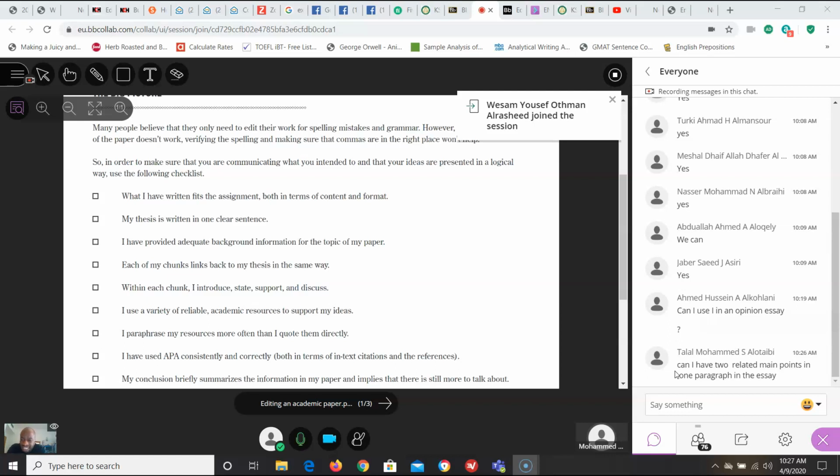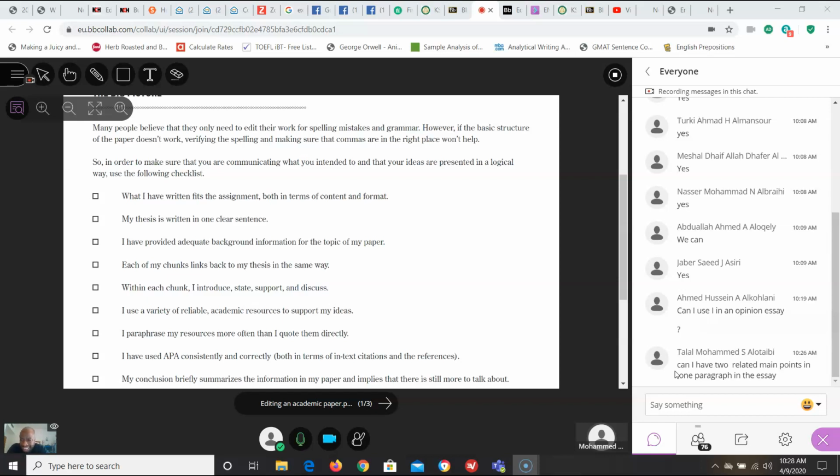This draws your reader in, and it gives them the rationale for your paper, and that can make your paper very interesting and very strong. So look at your introduction and ask yourself, did I provide a background for the topic of my paper? In essence, that would be a part of your introduction paragraph. Next one.